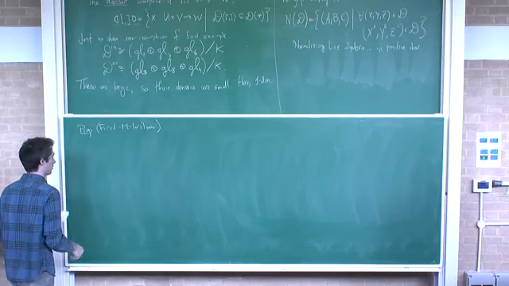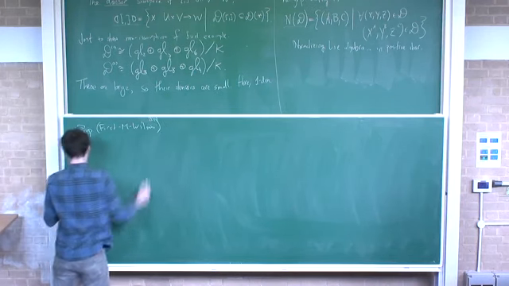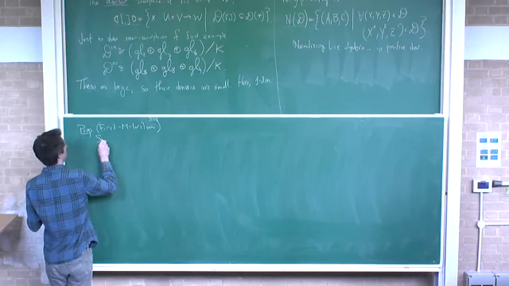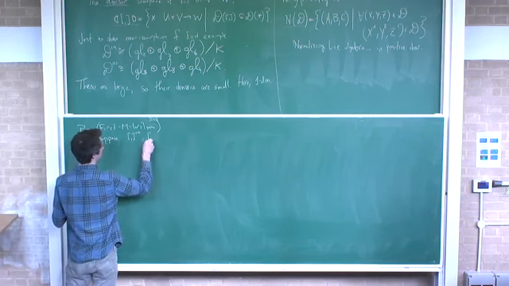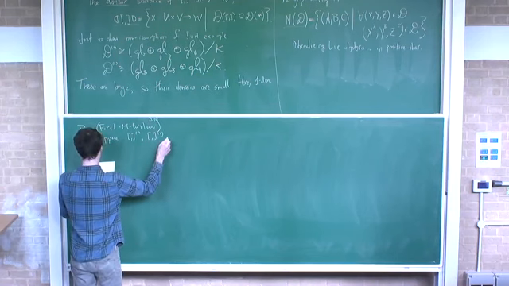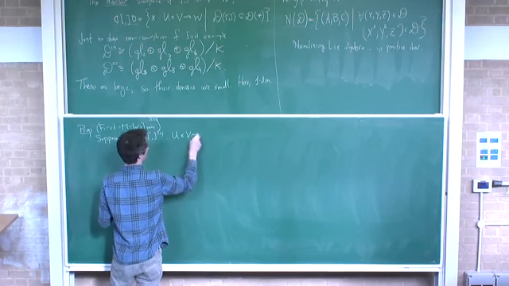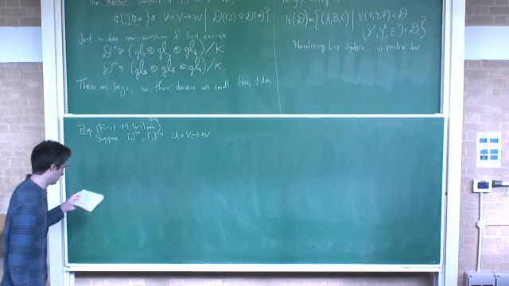Same paper. So suppose I have two bilinear maps again, going from U cross U to W, K bilinear.